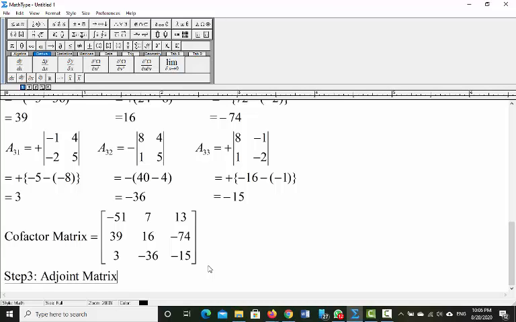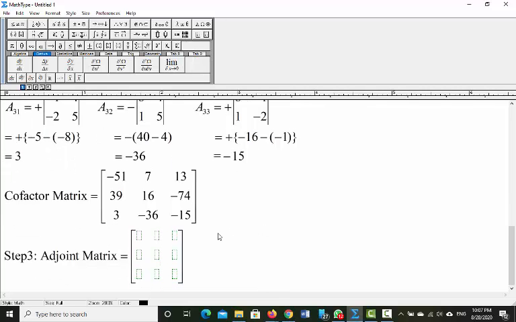So adjoint matrix is equal to transpose of the matrix. Adjoint matrix means transpose of the matrix. That means rows will become column, column will become row. So that means adjoint matrix is equal to, this is the cofactor matrix.